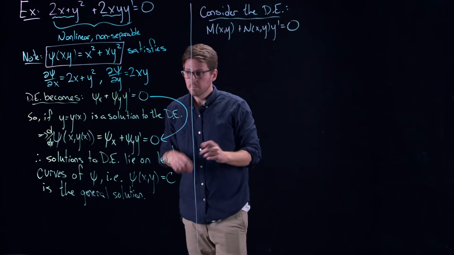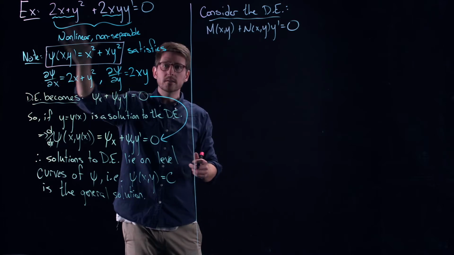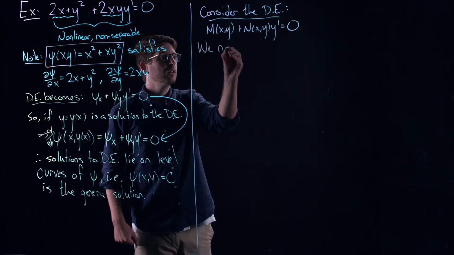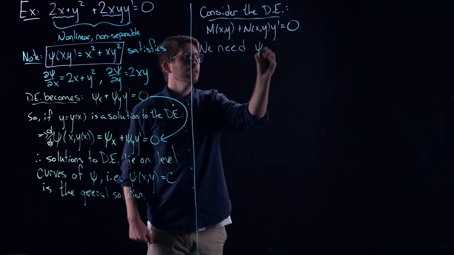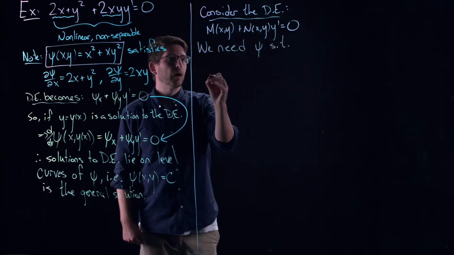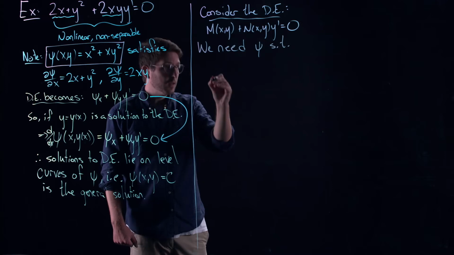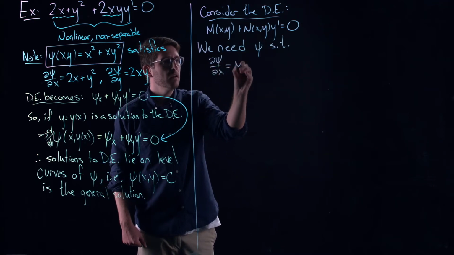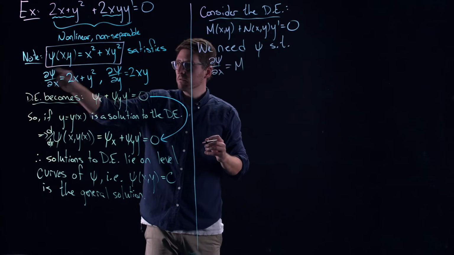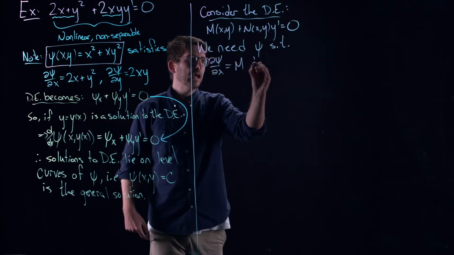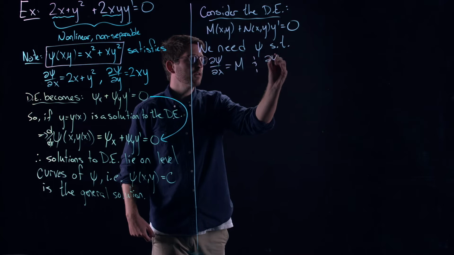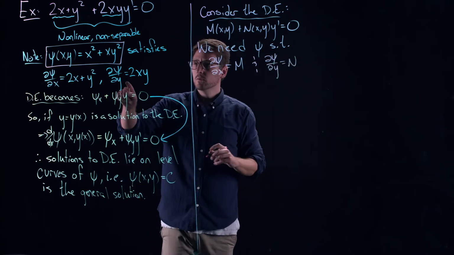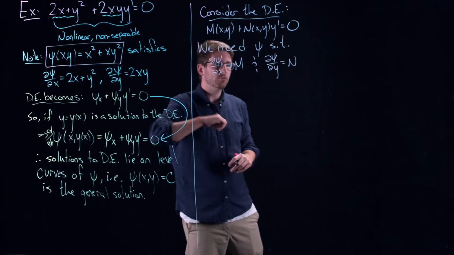Well, then, by definition, basically what we can see here is we need psi such that, first of all, the partial derivative of psi with respect to x is equal to M. That was this condition right here. And the partial derivative of psi with respect to y is equal to N, which was exactly this condition right here.